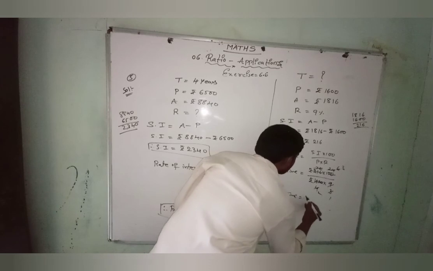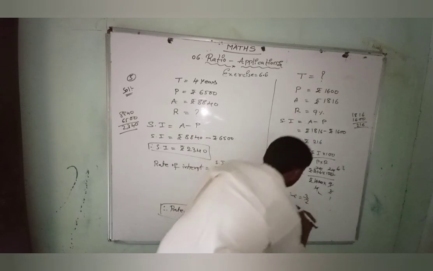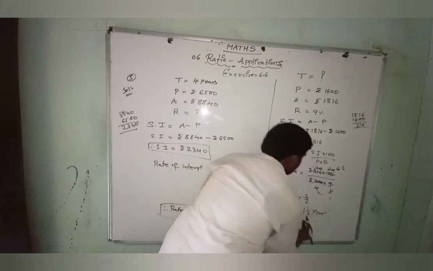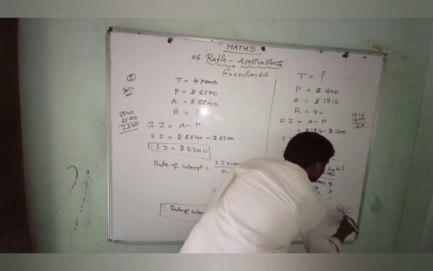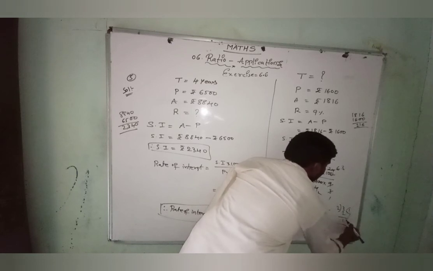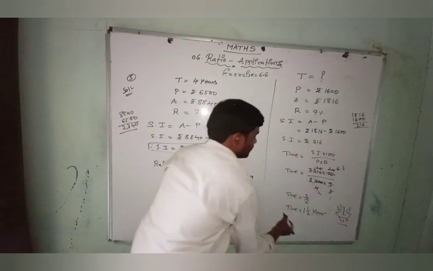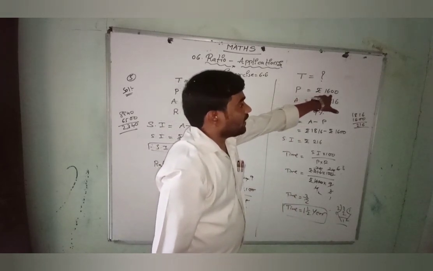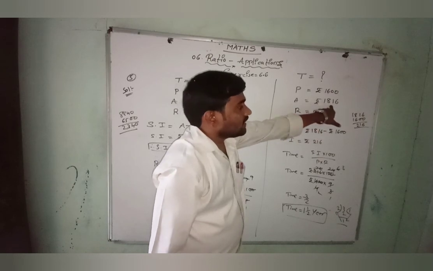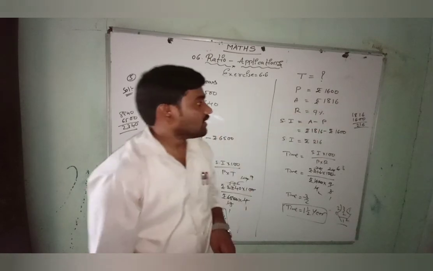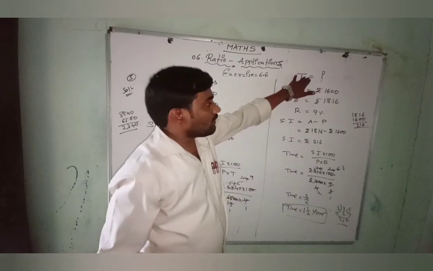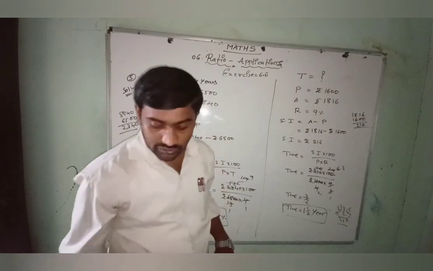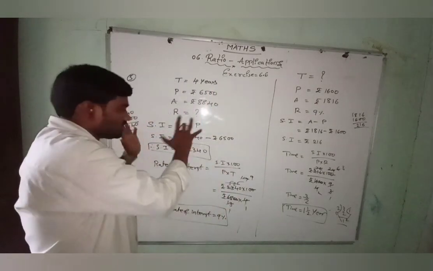Therefore time equals 3 by 2, that is nothing but 1 whole 1 by 2 years. How does 1 whole 1 by 2 come? Here 3 by 2: 2 1s are 2, 1 carry. So 1 whole 1 by 2 years. In 1.5 years, the principal 1600 becomes 1816 rupees at the rate of 9%. So it is interlinked; do this and you get that.